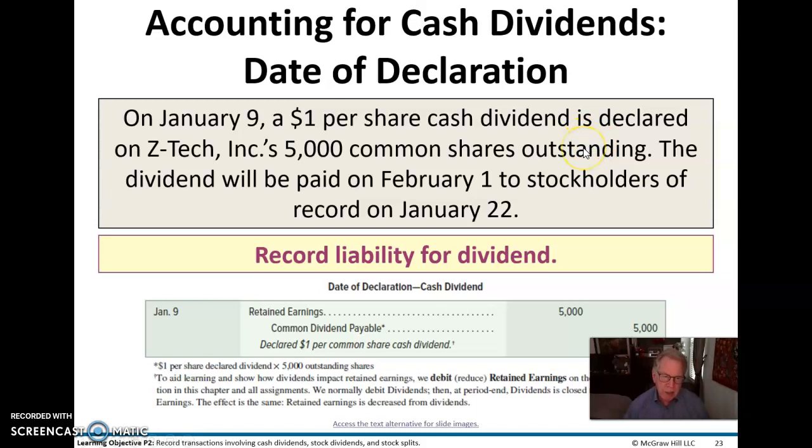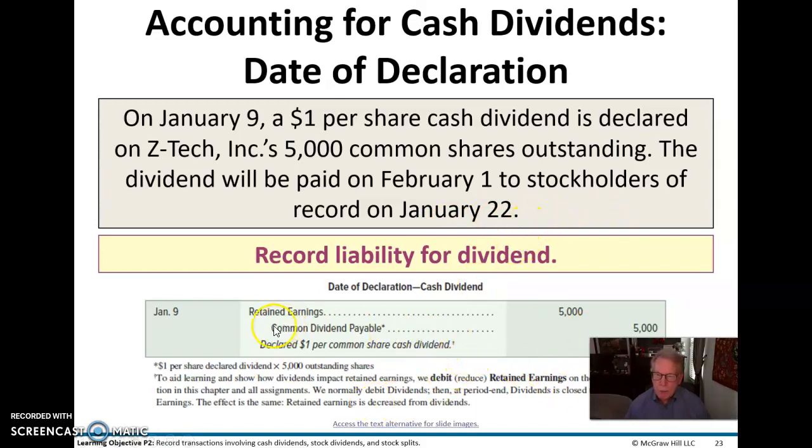We're not going to pay dividends on treasury stock. The dividend is going to be paid on February 1, but on January 22nd, we're going to figure out who's going to get the dividends. Again, we're not going to have a journal entry for January 22nd.